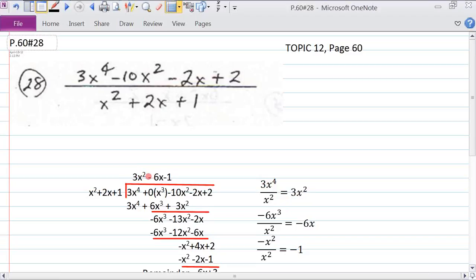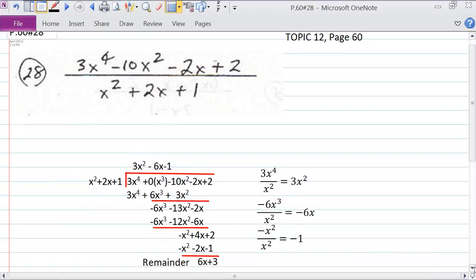So we're going to multiply 3x squared times x squared, which gives us 3x to the fourth. 3x squared times plus 2x gives us plus 6x cubed. And then we're going to multiply 3x squared times plus 1, which gives us plus 3x squared.